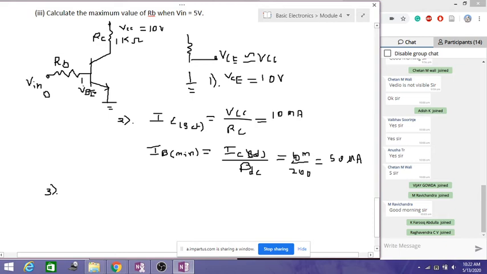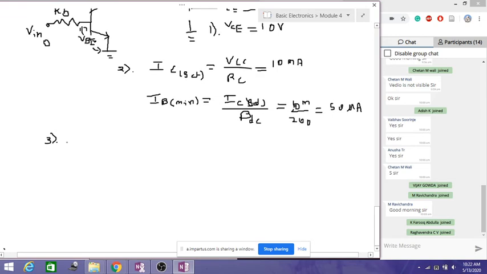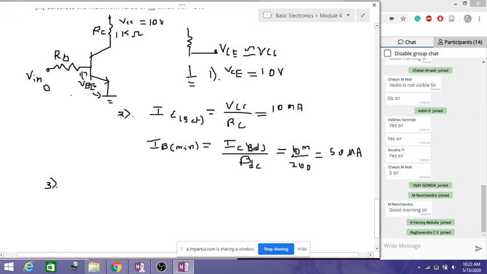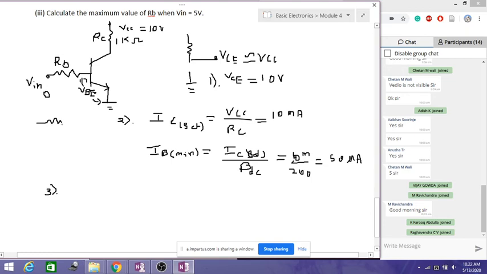That voltage also we have to take into consideration, the voltage from base to emitter terminal. This is for the saturation, this is NPN, so this should be positive here, so this is Vin and this is VBE, so this will be positive, this will be negative.